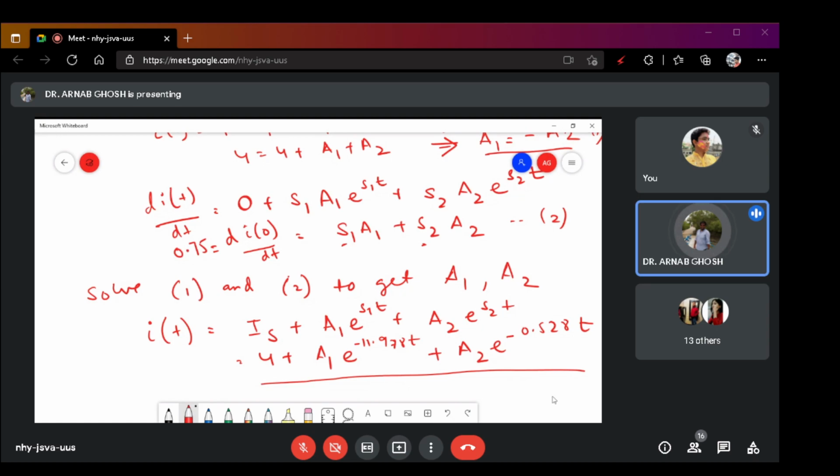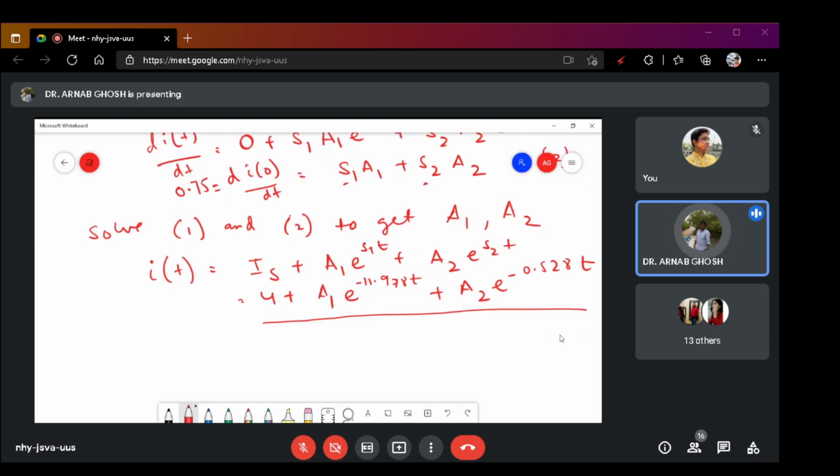Now next, if you are asked to calculate what is IR, so what should be IR? VR by R, or you can write this as V(t) by R. So what is V(t)? L di by dt.